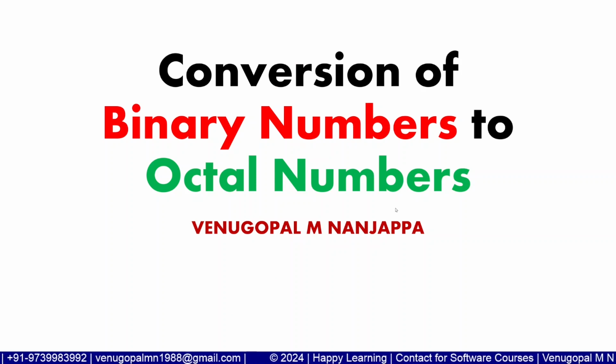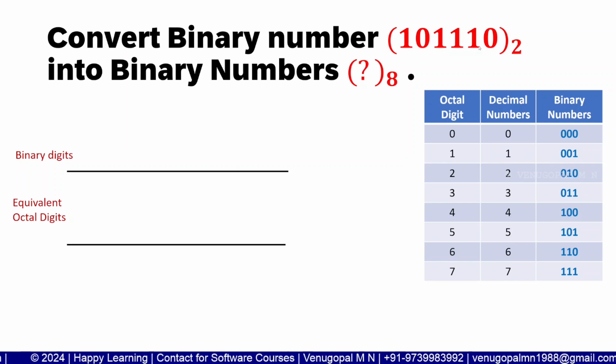Let us see one more last scenario. How can we convert a given binary number to an octal number? Assume they have given a binary number which is a series of zeros and ones. For example, they have given the binary number 101110.